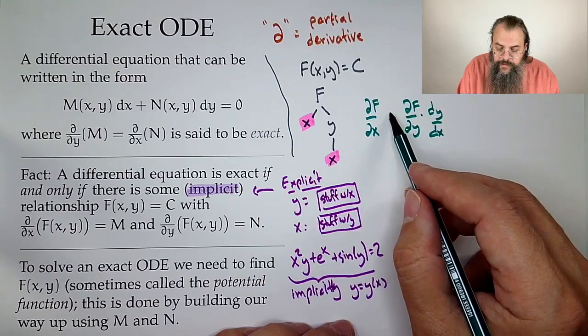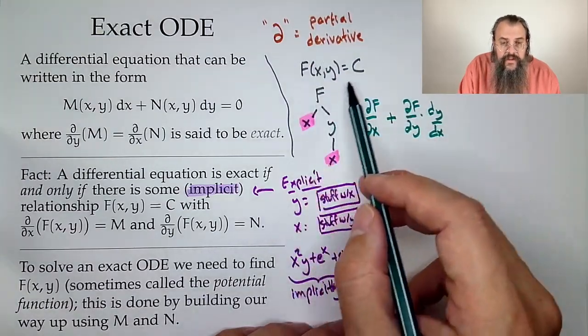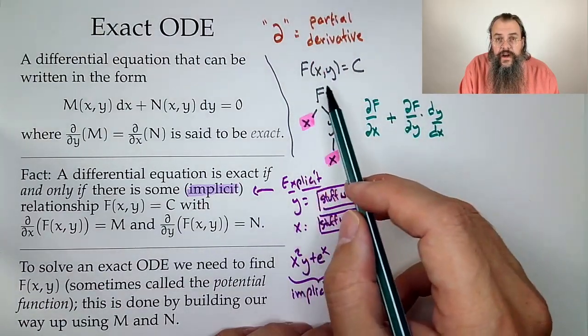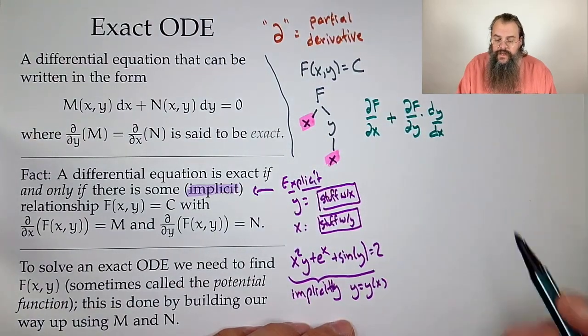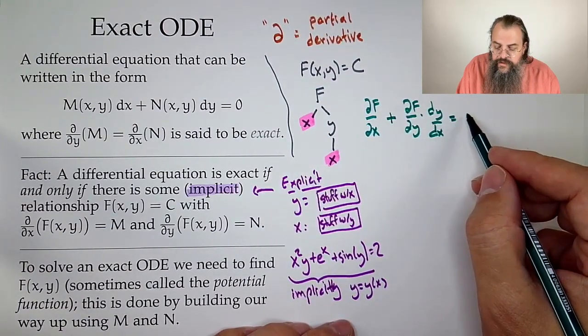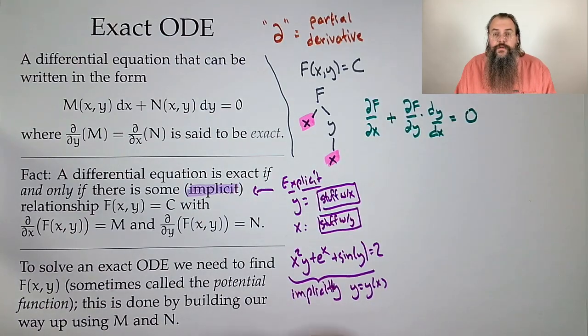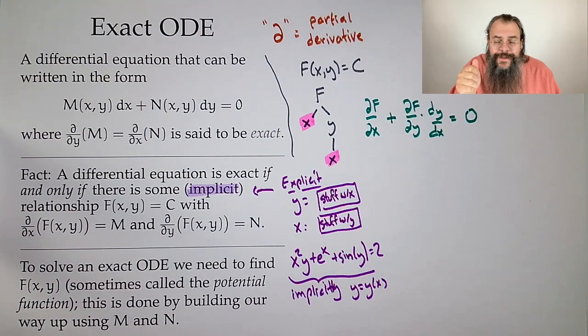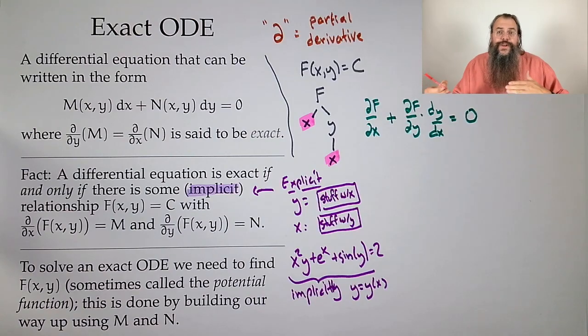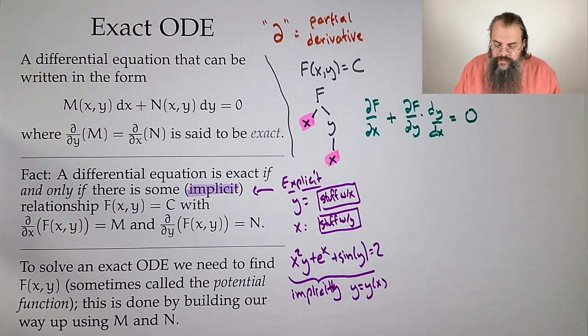To get the total effect, we add them together. So that's the derivative of the left-hand side with respect to x. That's going to equal the derivative of the right-hand side with respect to x, which is 0. All right, well, now let's go one small step further and change it to our differential convention.